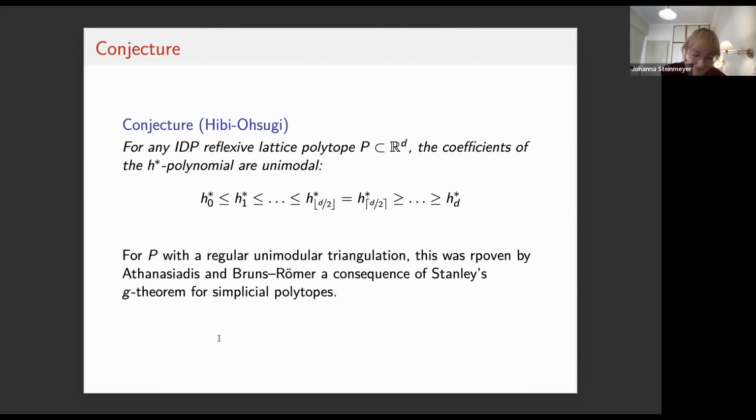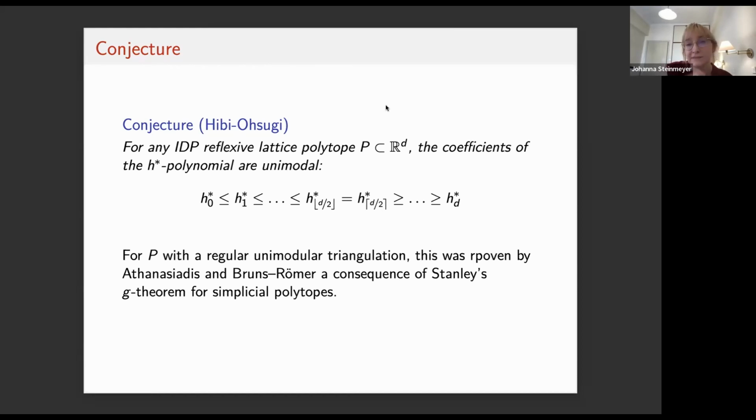By these three people, based on Stanley's g-theorem result. Effectively, what it boils down to is that if you have a unimodular triangulation, the h vector of that unimodular triangulation is going to equal the h star vector of your polytope.